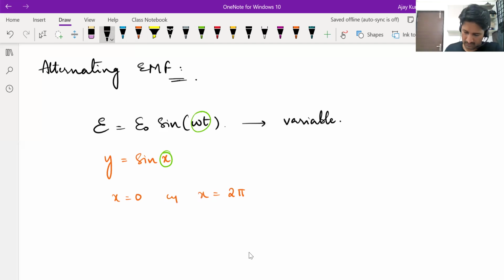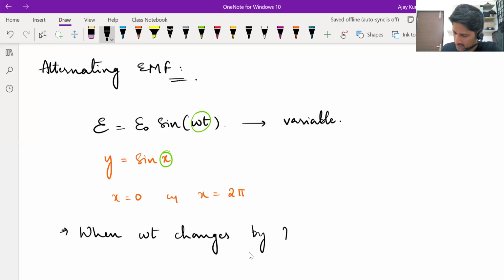That means in place of x, we have omega t this time. When omega t changes by 2 pi, as time goes on increasing, omega t value will keep changing. So whenever omega t changes by 2 pi, the EMF function repeats itself.